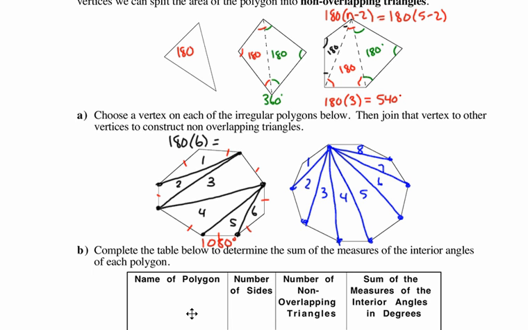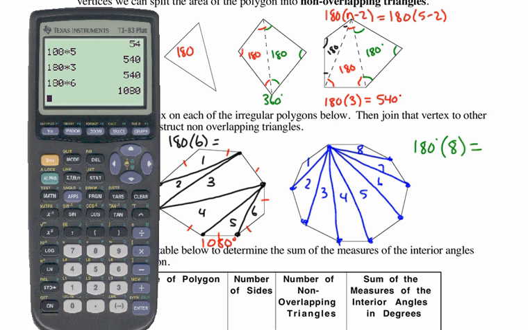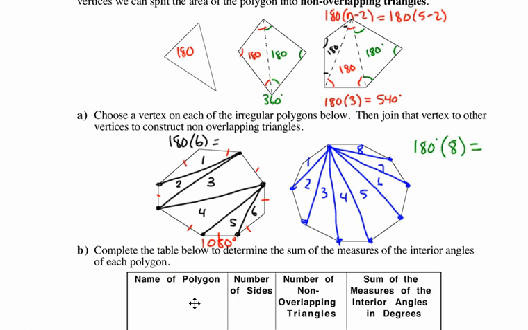Which, if you counted the number of sides, would be 10 sides. Remember, we're going to have 2 fewer triangles than the number of sides. 180 degrees for each triangle times 8 triangles gives us, grab your calculator, 180 times 8 is 1440. 1440 degrees. Okay.